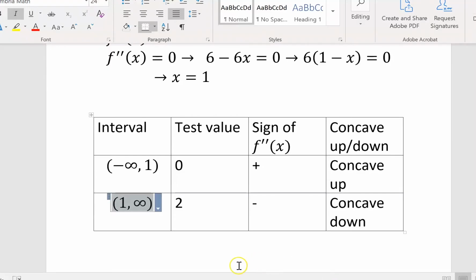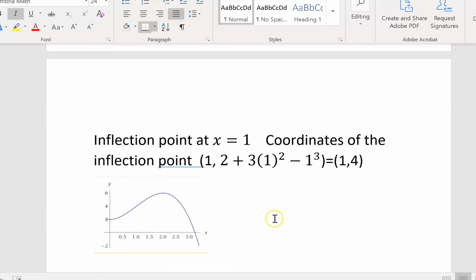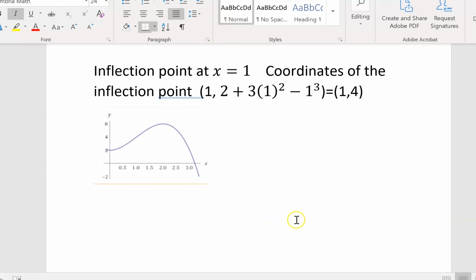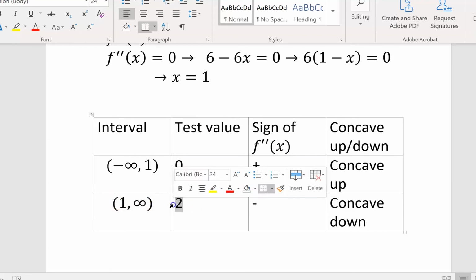So what happens now is you take a test value from this interval, which is 0, and you take a test value from this interval, which is 2.